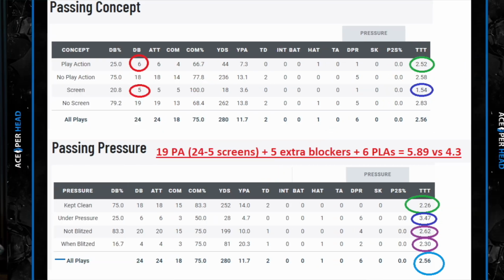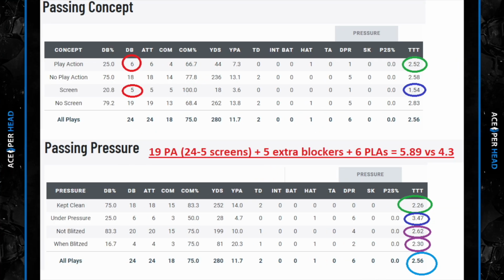And if you look at my little red lettering over there, it's 19 passes, 24 minus the 5 screens because you're supposed to let pressure in there, plus 5 extra blockers. We used 5 extra blockers throughout the regular plays, plus 6 play actions. That was 5.89 blockers versus their 4.3.